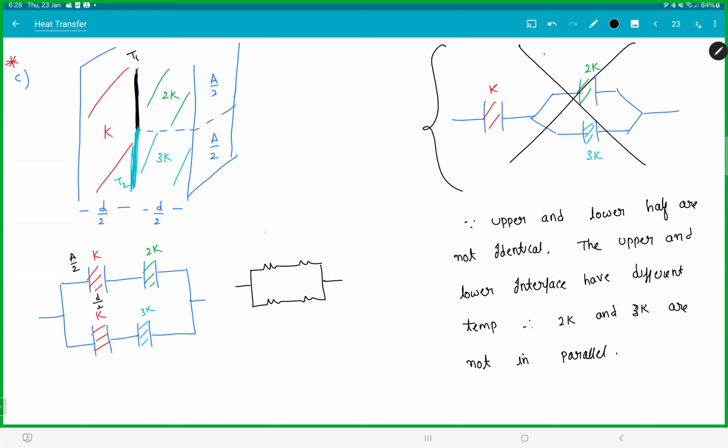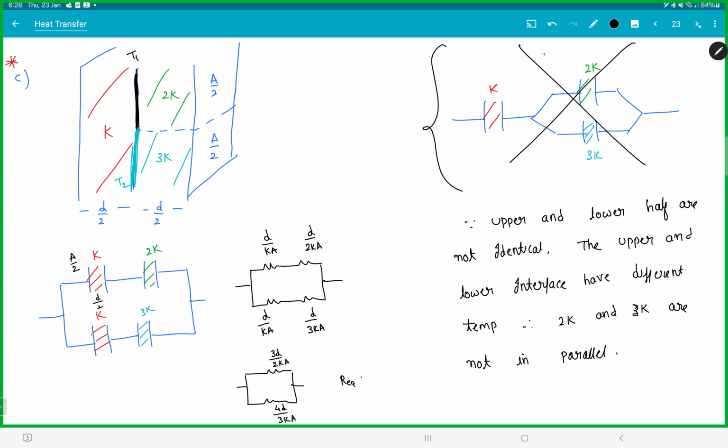This will be D by 2, KA by 2. So this will be D by KA, D by 2KA, D by KA, and D by 3KA. The upper one will be 3D by 2KA. The lower one will be 4D by 3KA.